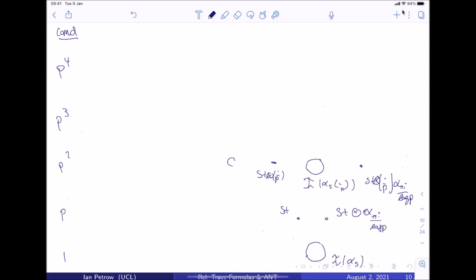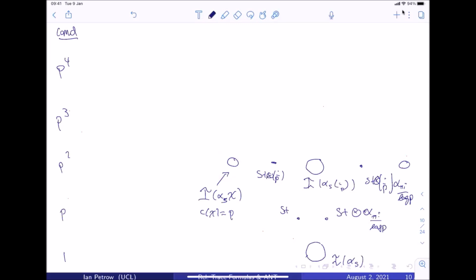But then there's a bunch of other circles which correspond to other characters mod p squared. So this is alpha_s chi, where the conductor of chi is equal to p, but all the representations here are conductor p squared.